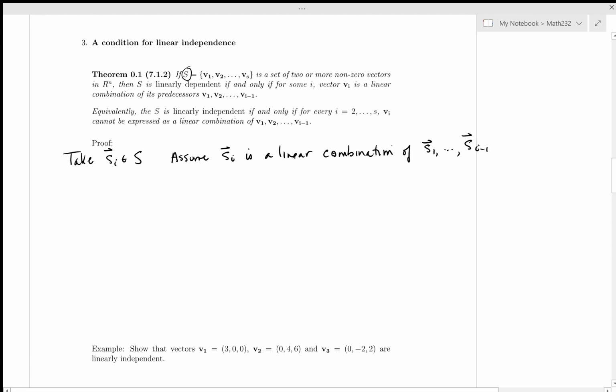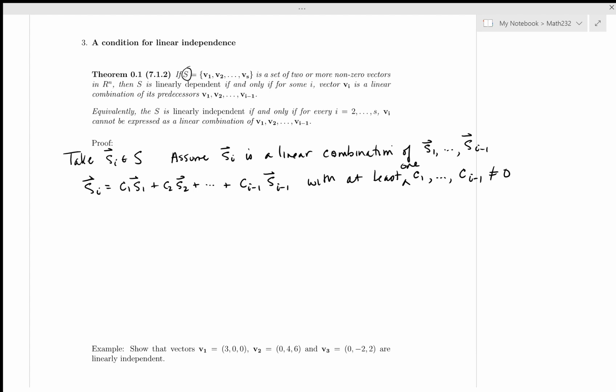That means, of course, that we can write it like this: si equals c1 s1 plus c2 s2 plus dot dot dot plus ci minus 1 si minus 1, with at least one of c1 through ci minus 1 not equal to 0.